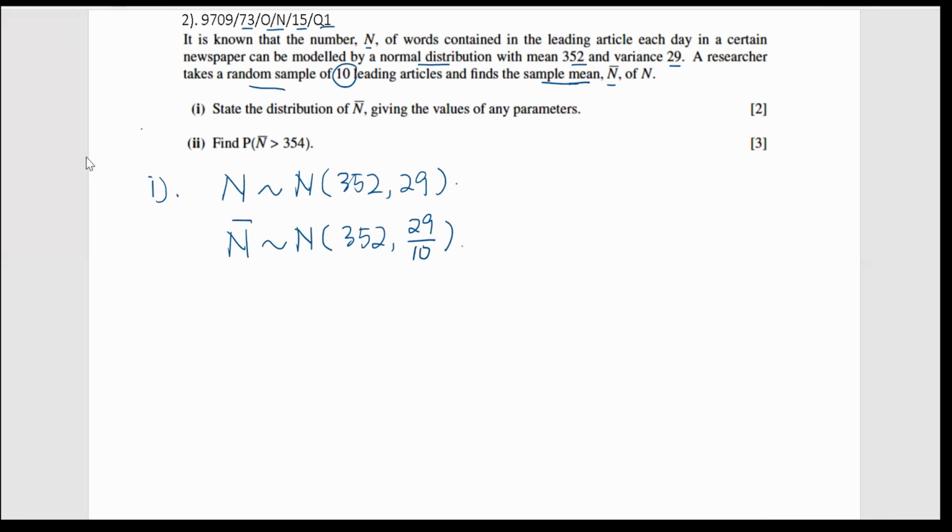All right. So the question asks you to state the distribution. So when I label the N bar follows capital N here, it means I have stated that this is a normal distribution. Or you can put at the side normal distribution.